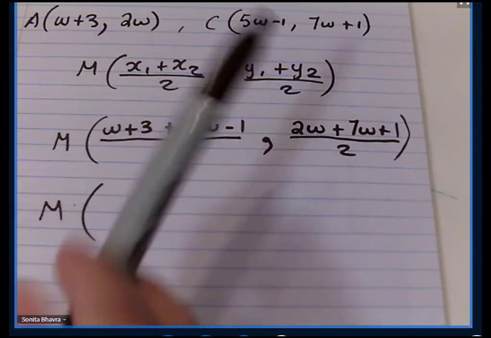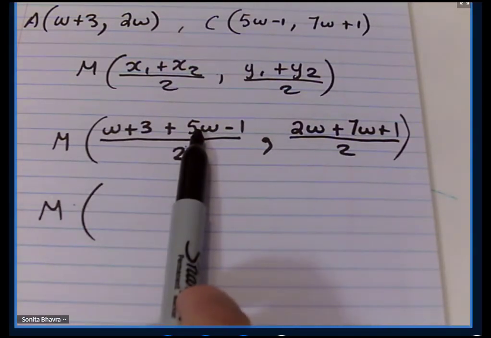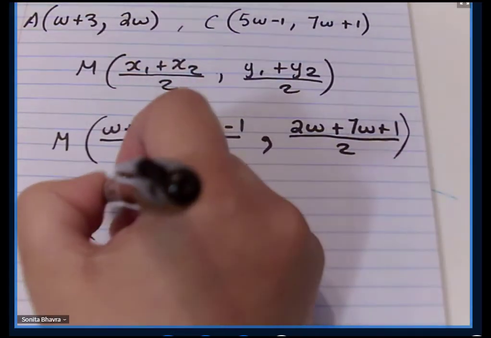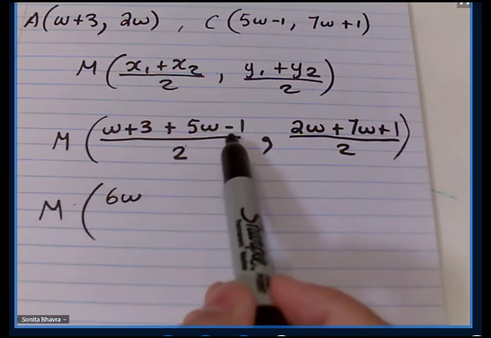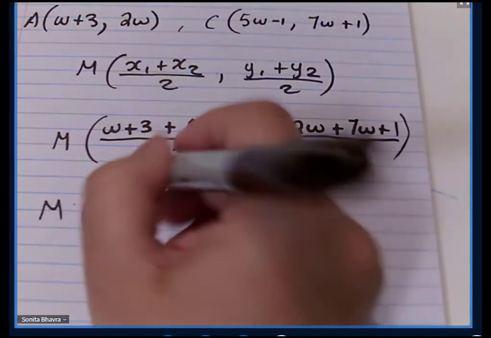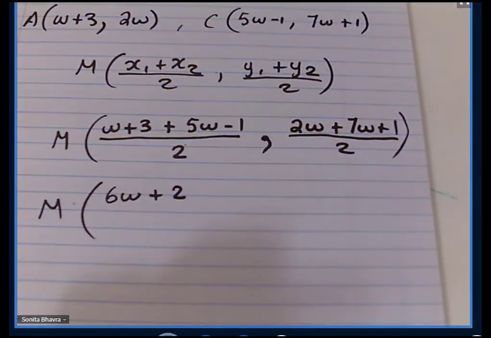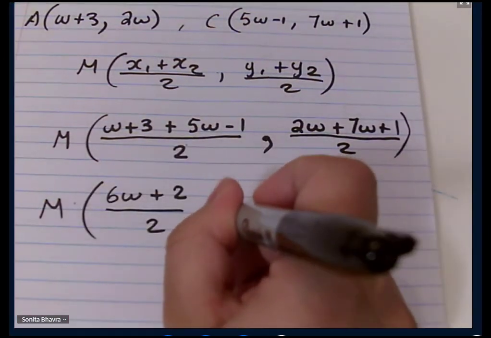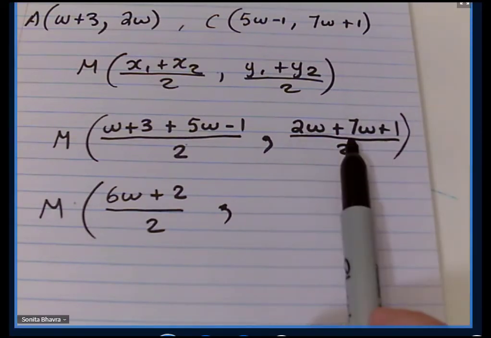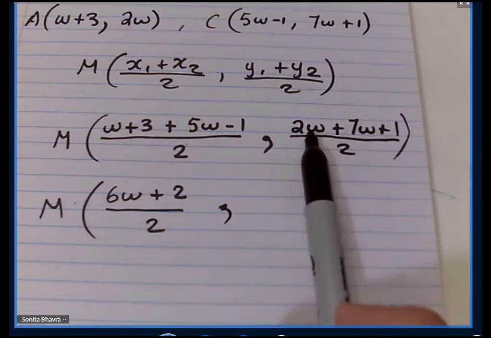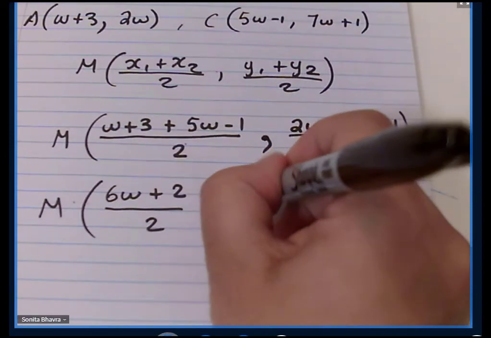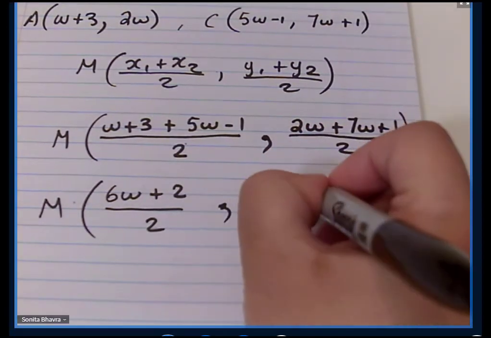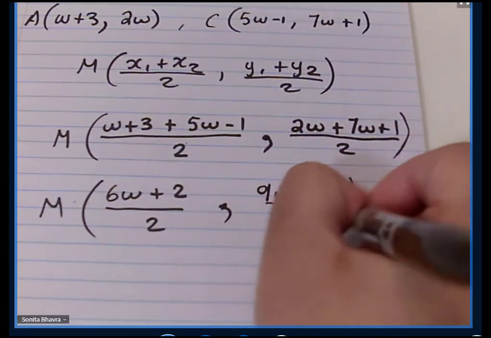All right, so we have w plus 5w, that becomes 6w. And then we have 3 minus 1, that becomes 2. So we have 6w plus 2 divided by 2. Next, we have 2w plus 7w, that's going to become 9w, plus 1, and it's divided by 2.